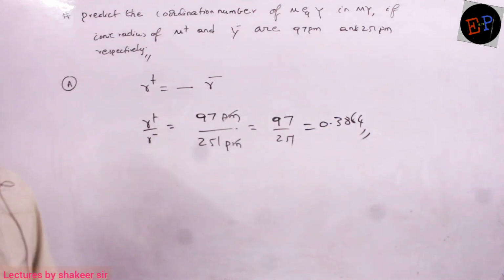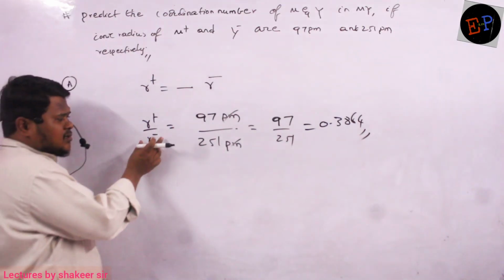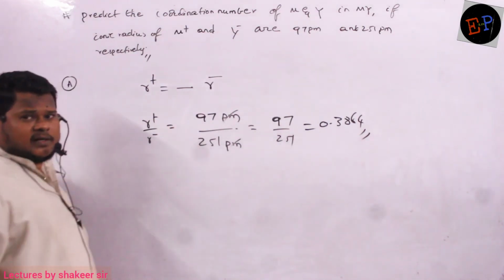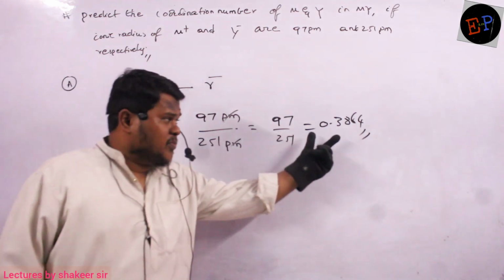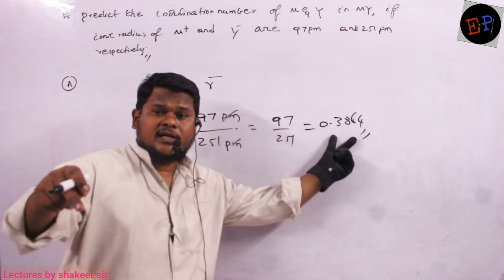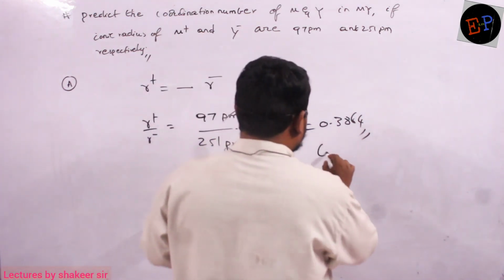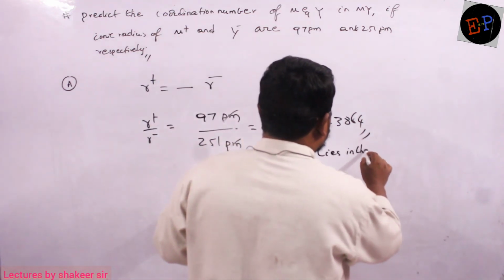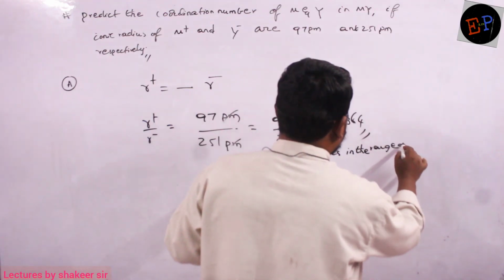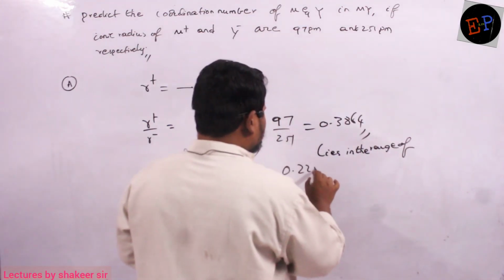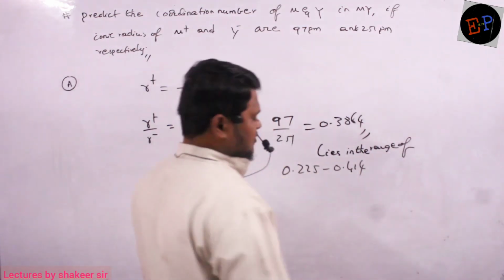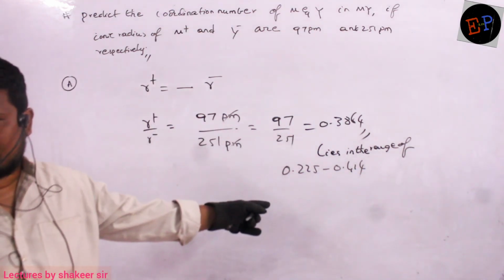Now you see, this is the ratio of cation and anion which we got, and 0.3864 will lie in which range? It lies in the range 0.225 to 0.414.